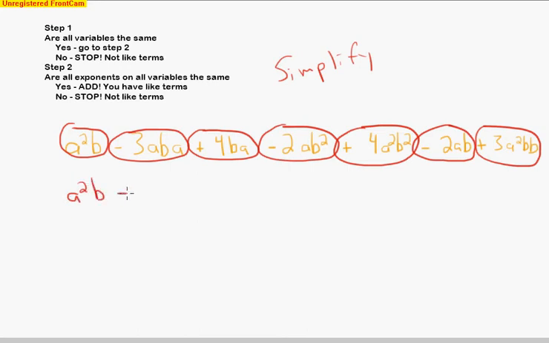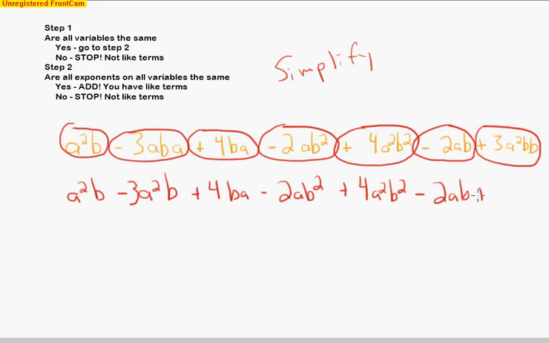I'm going to rewrite these terms so they look similar. This is a squared b minus 3aba can be simplified to a squared b. Almost forgot the 3. Plus 4ba minus 2ab b squared plus 4a squared b squared minus 2ab plus 3.